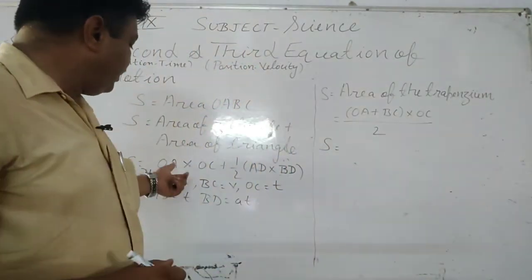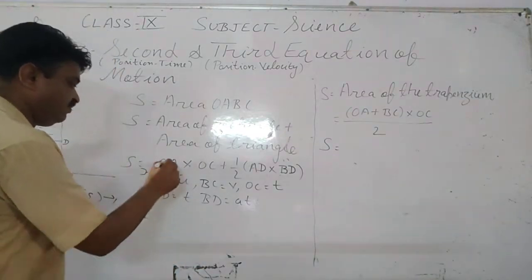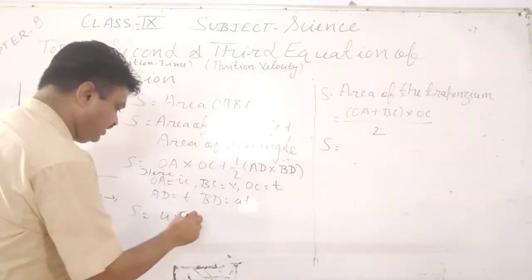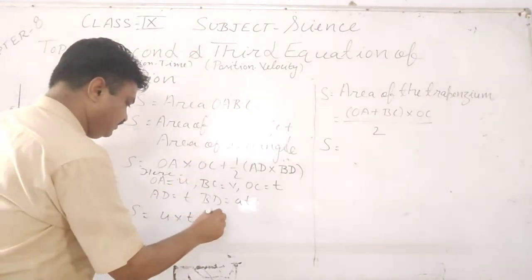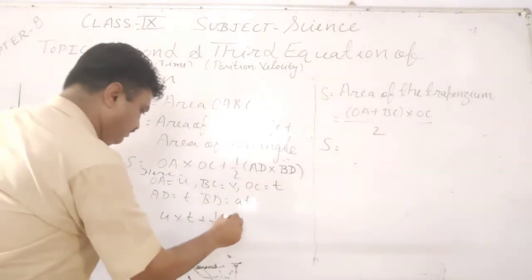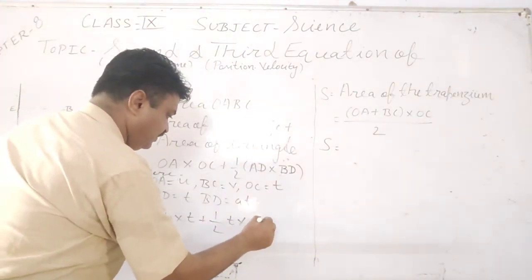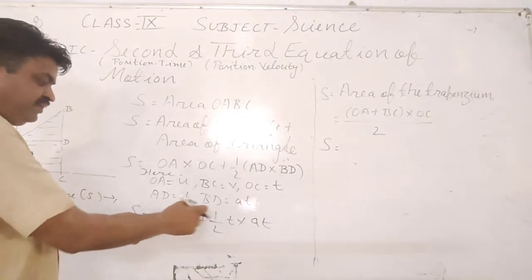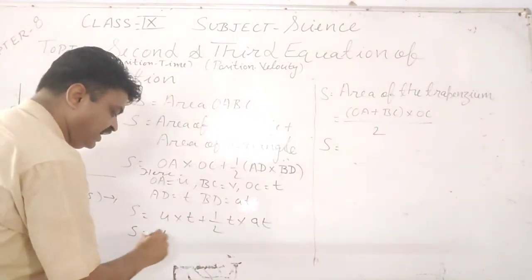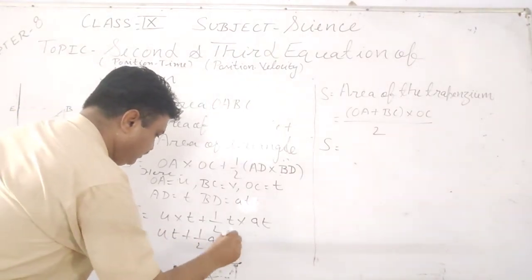Now we will put these quantities here. In the place of OA we will write u, in the place of the length we write t, plus half, in place of AD we write time, and for BD we write at. Now we will calculate it, and the equation we will get is s is equal to ut plus half at square.